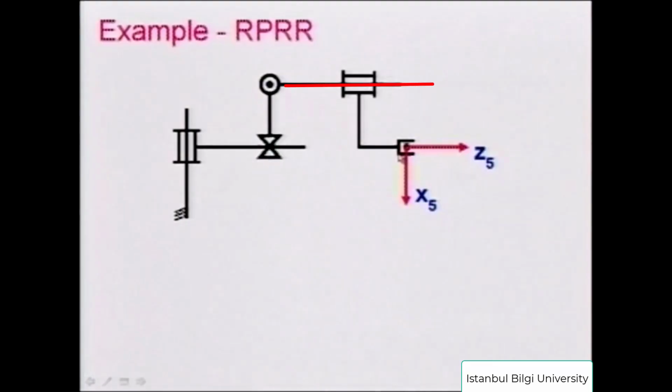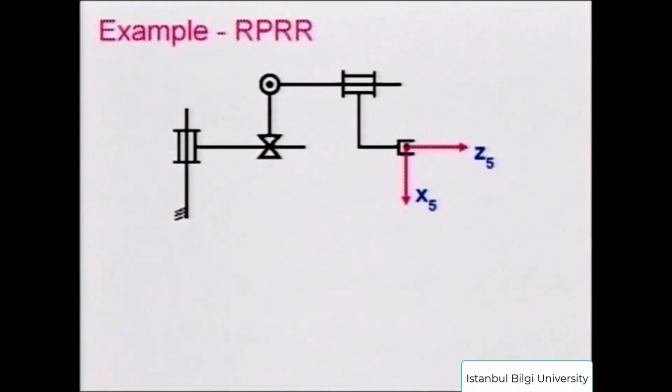When we come to the next one, the fourth axis, it is intersecting with axis number 3. So we call this mechanism an RPRR robot, that is revolute, prismatic, revolute, revolute. Let's continue. I am going to continue by putting the z-axes and the origins.